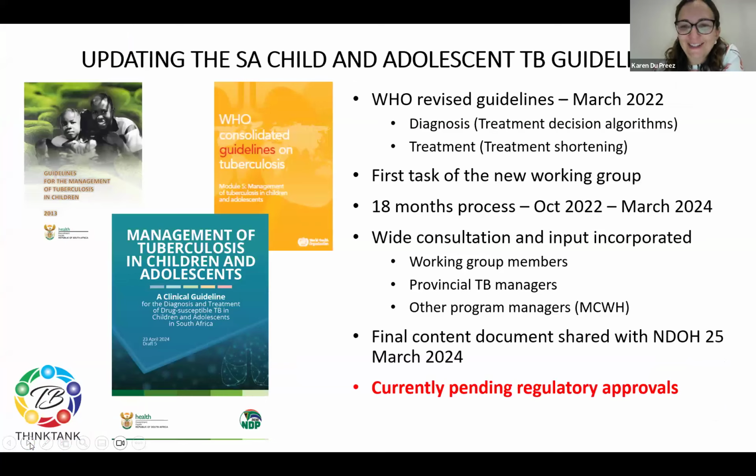I'm still appalled that it took us so long, but it really was an amazing process with wide consultation and input, incorporating multiple meetings, going back and forth, getting input from provincial TB managers and other program managers. We also did a feasibility survey with healthcare workers, where we got input from about 162 healthcare workers in South Africa, and we incorporated some of their comments.